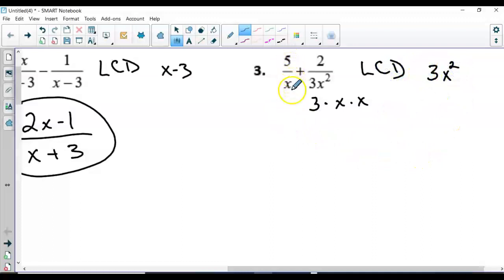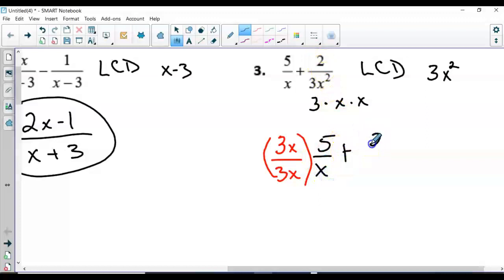So that means I need to multiply the first denominator to make it into 3x. So this is going to be 3 times x over 3 times x times that first fraction, 5x. We don't have to multiply the second fraction by anything, so we're just going to leave it like that.